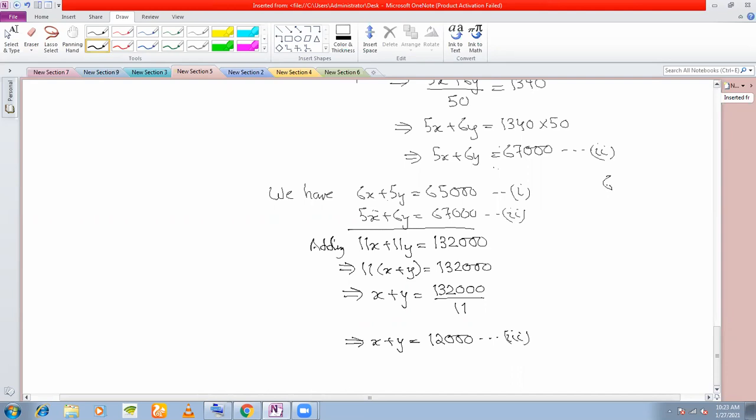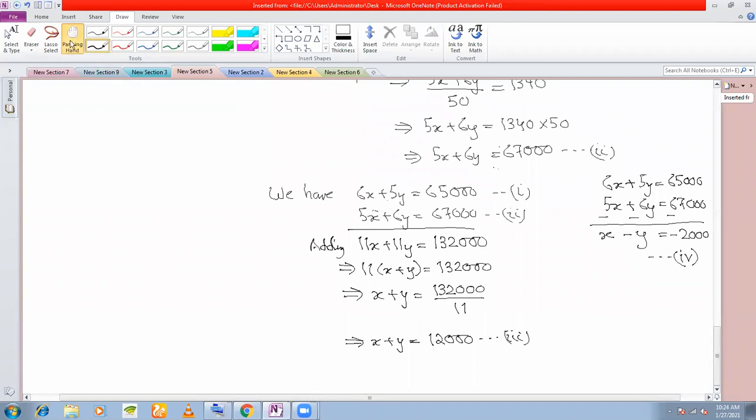Now you subtract the two equations to get another equation. So you get x minus y is equal to 65 minus 67, which is minus 2000. Okay, so this is your fourth equation.